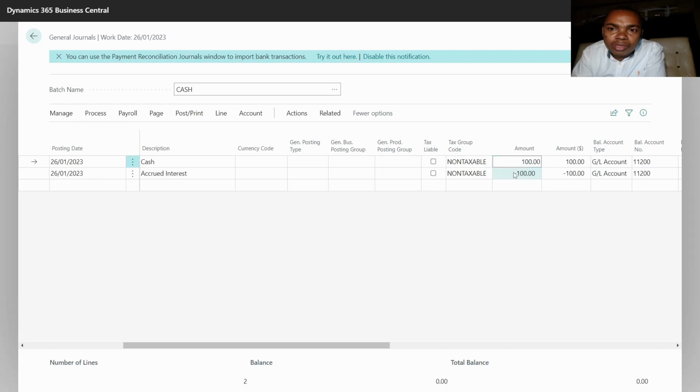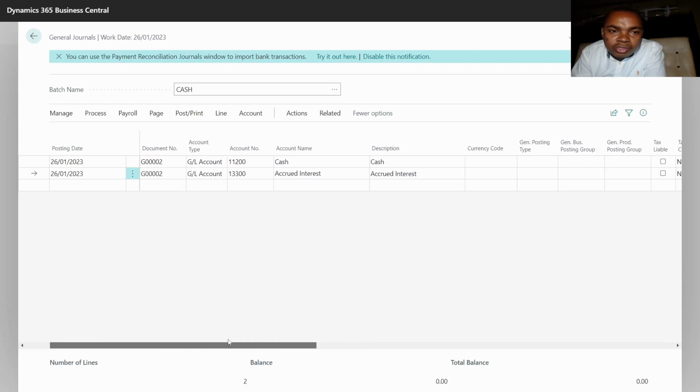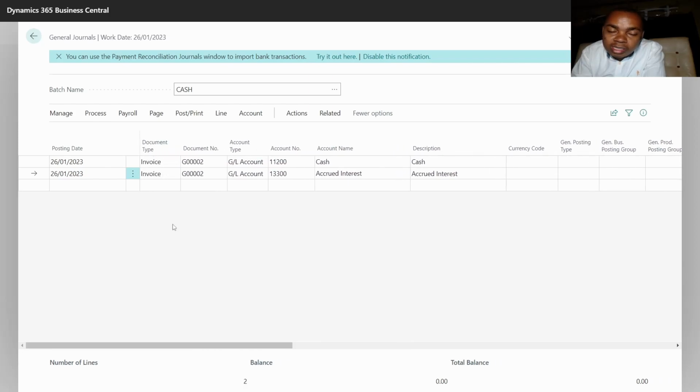As you can see, the second line is the credit, meaning that's the line I'm crediting. So Dynamics understands this sign. If it's a credit, it's negative. If it's a debit, it's positive. Then after you have populated that information, you will be able to post it, because our journal has already balanced. And this is a two-line journal.